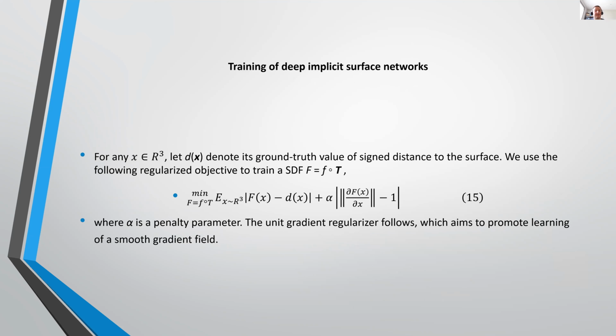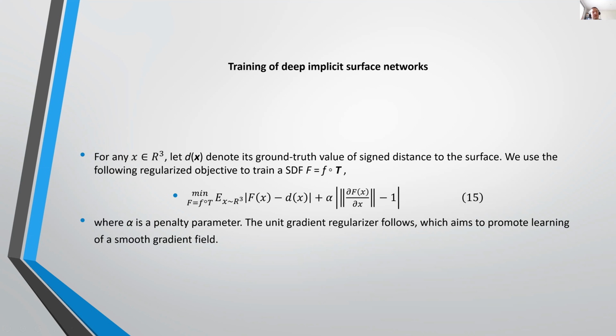So this is section 5, I think, of the paper, and this is the loss function they're minimizing. You have some ground truth distance, and this is the output of the network. So you're training the network to minimize how different those values are.